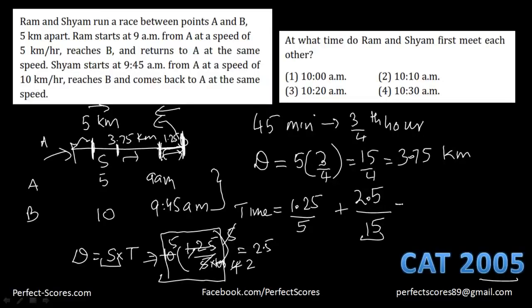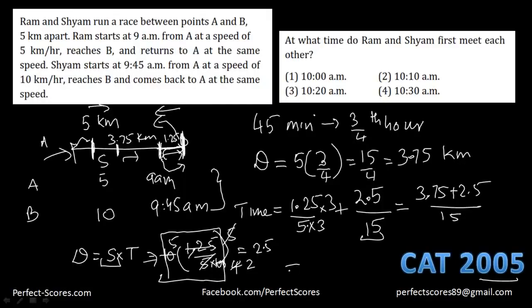So the actual time is the time taken for car A to travel from here to here, and then the time taken for it to travel back and meet car B, which would be equivalent to this. If I multiply this by 3 and this by 3, that would be 3.75 plus 2.5 divided by 15.